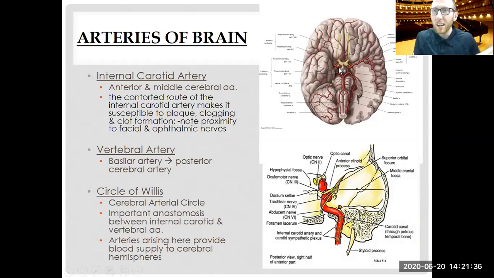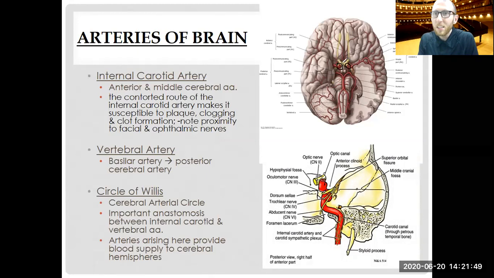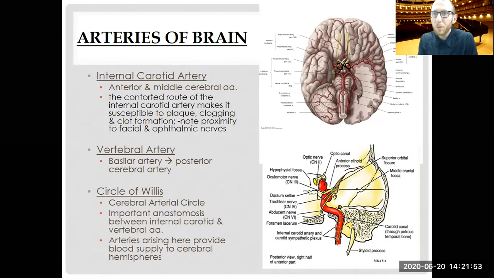We're just looking at the vasculature, the arteries that travel up there, one being the internal carotid. I'm going to circle those right here. So this is the internal carotid right next to the optic chiasm, this X. And those would be coming up the neck. But the other one, the vertebral artery, comes up the spinal cord.